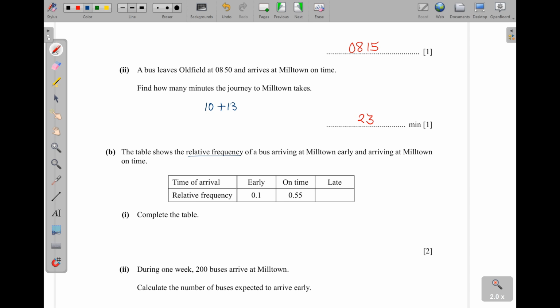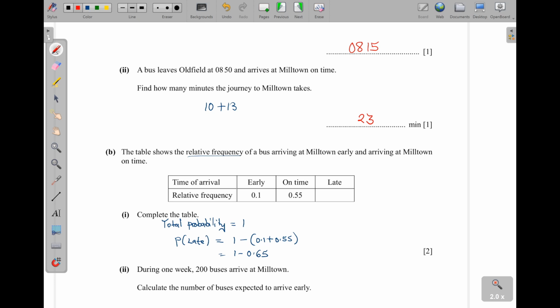So we are going to have that total probability is always equal to 1. So that means probability of a bus arriving late is going to be 1 minus the 0.1 added to 0.55. Now this one will be 1 minus 0.65, and this one will give us 0.35.